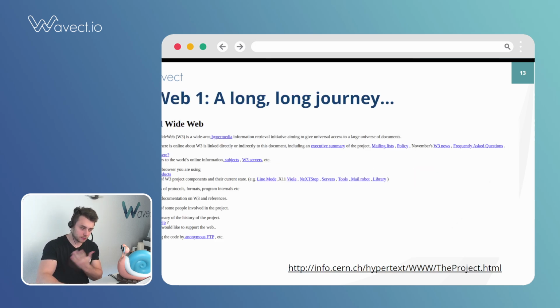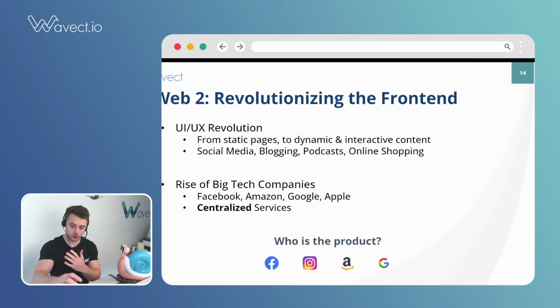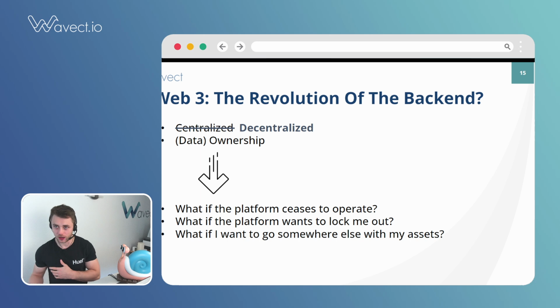So, as you know, we have seen a lot of evolution going on in the internet, like the first website ever. Then we got our Web 2 world with social media where you can upload and create things. And now we have Web 3 with data ownership. Right? That's also a big promise. You own your data, you are the boss, you decide what happens.